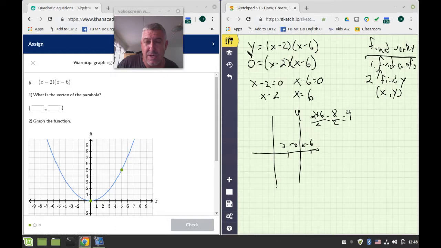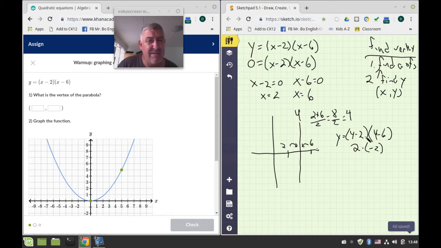So what is y when x equals 4? I know the vertex is on the line x equals 4, but I don't know where, so I'm going to substitute x equals 4 and then find out what y is. So y is equal to 4 minus 2 times 4 minus 6, and that is equal to 2 times -2.